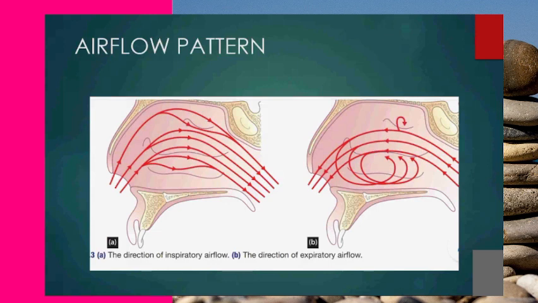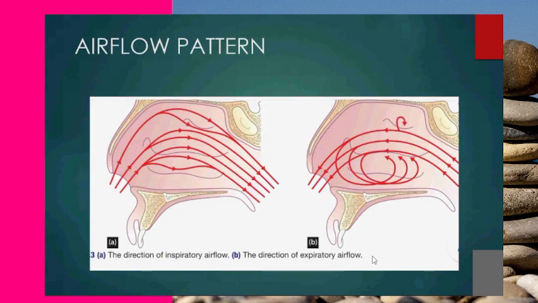During inspiration, the airflow up to the nasal valve area will be a laminar airflow. What is laminar? It's nothing but air passing through a straight line. That is known as laminar flow. Once it crosses the internal nasal valve area, this airflow will not be a laminar flow.